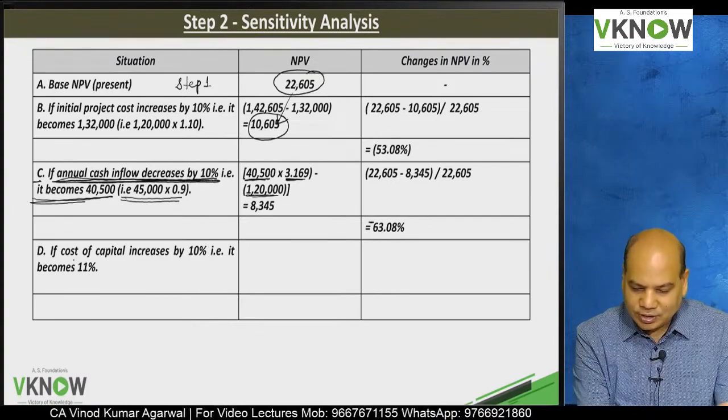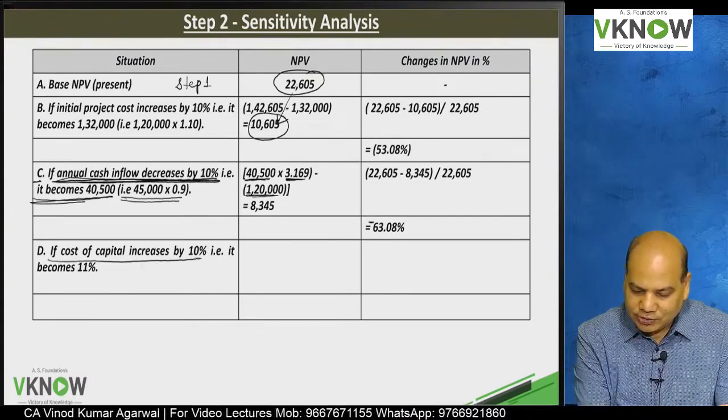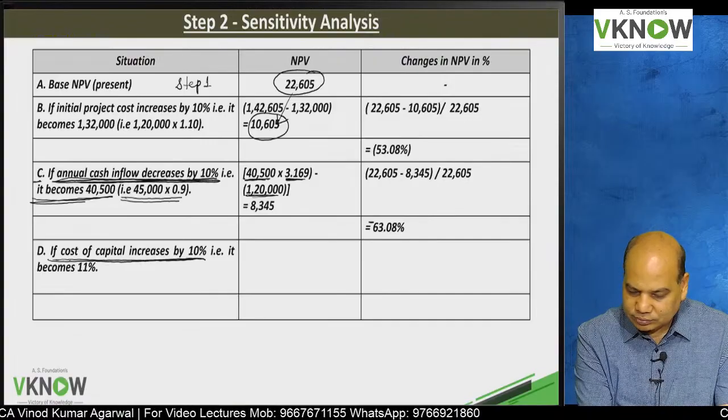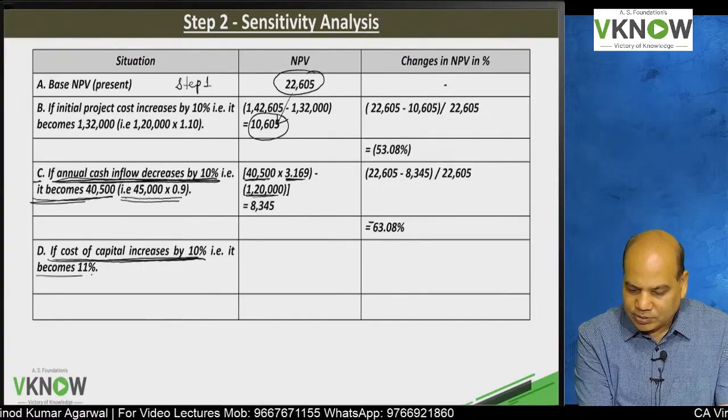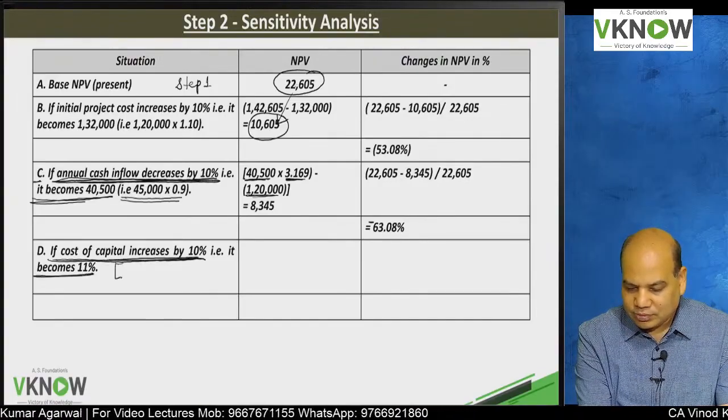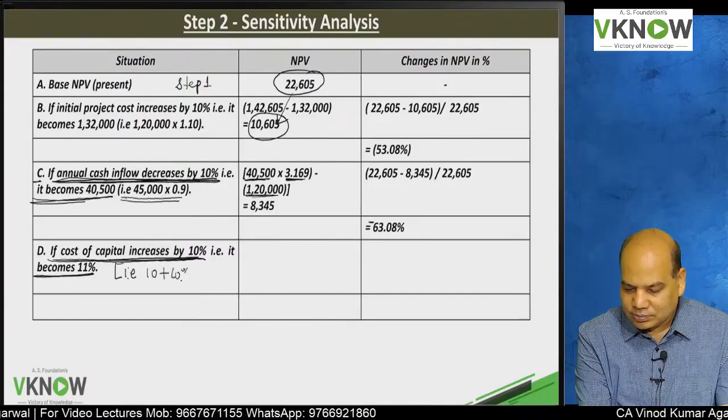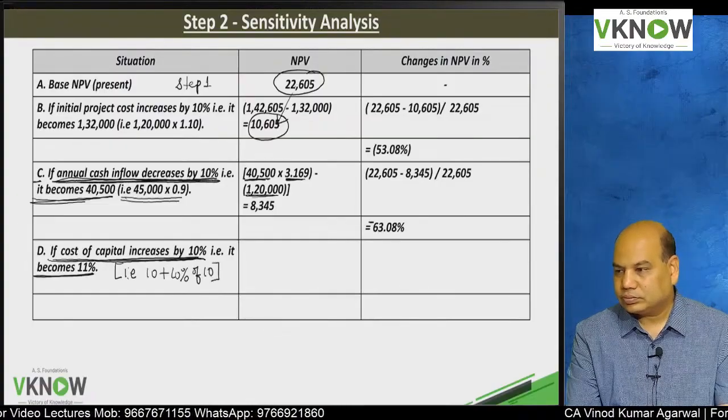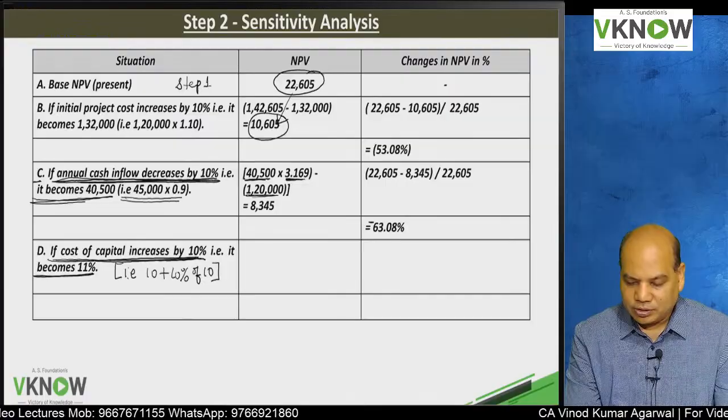Now write down next one. If cost of capital increases by 10%, that is it becomes 11%. Why 11%? 10 plus 10% of 10.